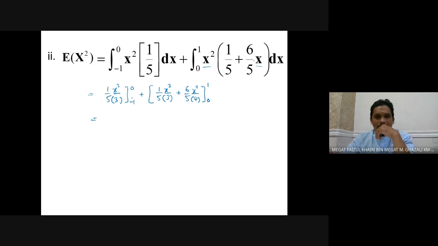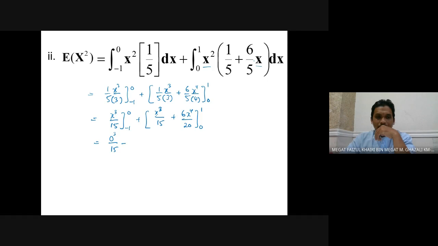So it is x cubed over 15 from -1 until 0, plus x cubed over 15 plus 6x to the power of 4 divided by 5 times 4 equal to 20 from 0 until 1. Okay. So then substitute x with 0, 0 cubed divided by 15 minus -1.